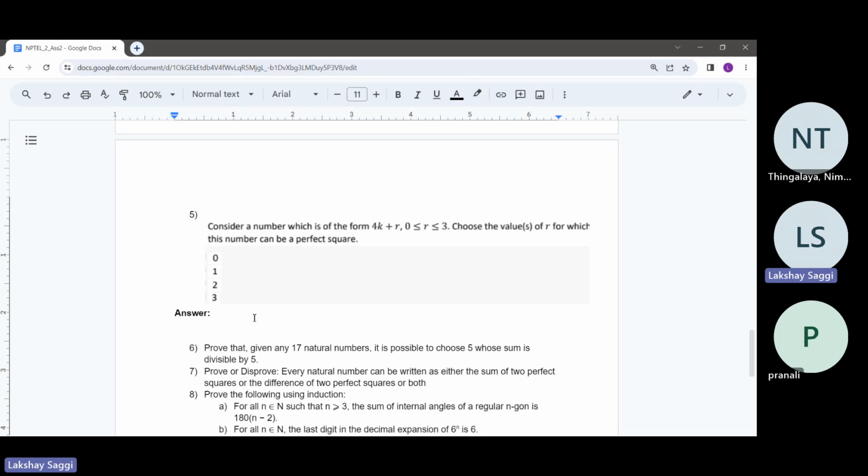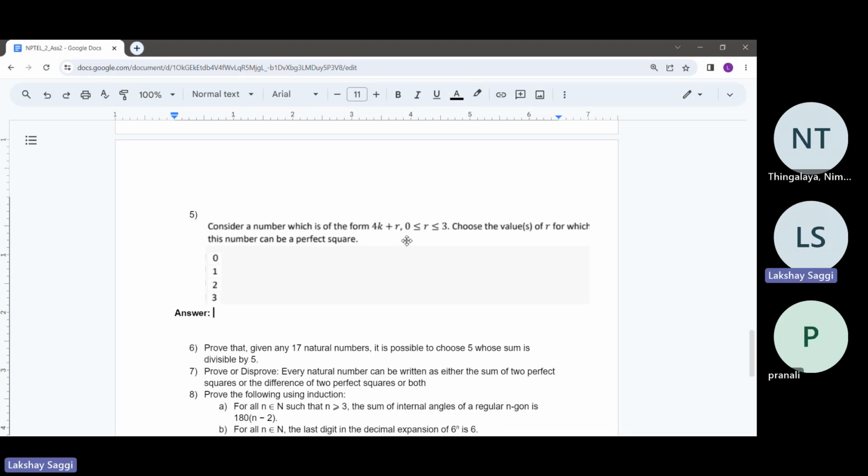So for a number to be a perfect square, what do we actually want? What I'm trying to say is that the question is basically asking, let's say a number 11 can be written in the form 4 into 2 plus 3, but 11 is not a perfect square.